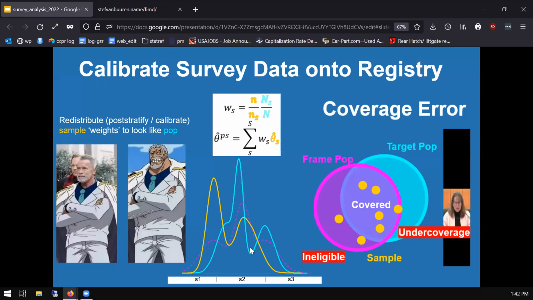The blue is a third-party distribution of the population. You form these 3 strata groups. It can be by age: age strata group 1, age strata group 2, age strata group 3. In group 1, you form this ratio, which is the distribution of your sample in yellow. You squash that down so it matches the population ratio in blue.